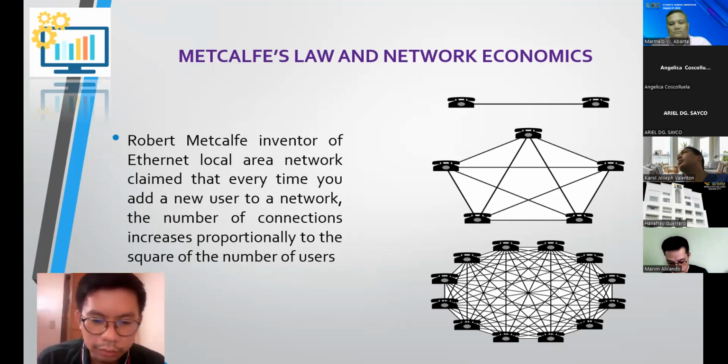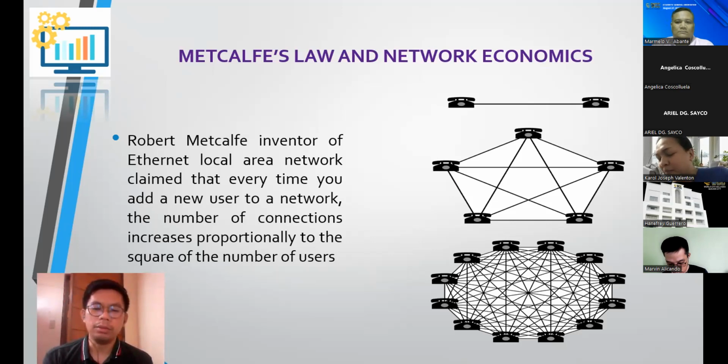So the rapid growth of the internet and network economics is emphasized as the main reason for the changes in networking capacity. As the law implies, the value of a network is the square of the number of nodes in the network, which corresponds to 10 nodes with an inherent value of 100, or 10 by 10 nodes.